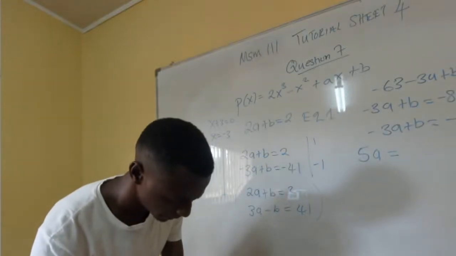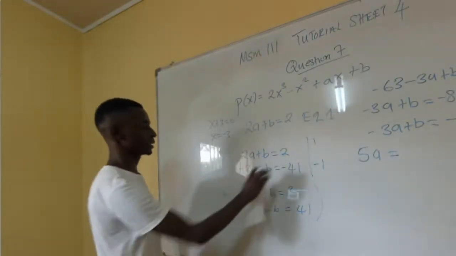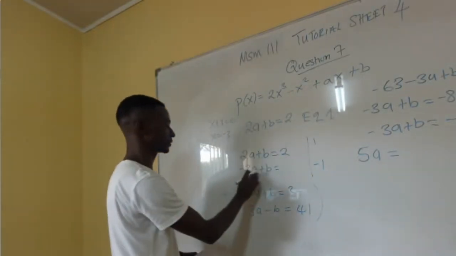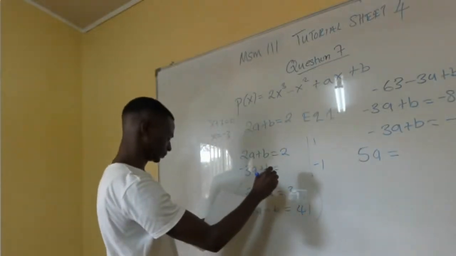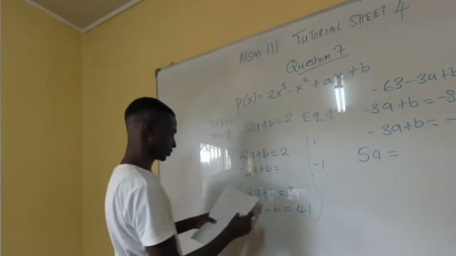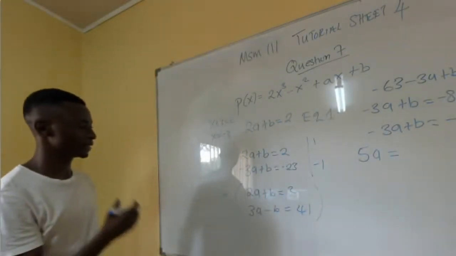So now from there, let's see. With negative 3A plus B, this one is supposed to be equal to negative 23. Yes, negative 23, if you do the calculations.